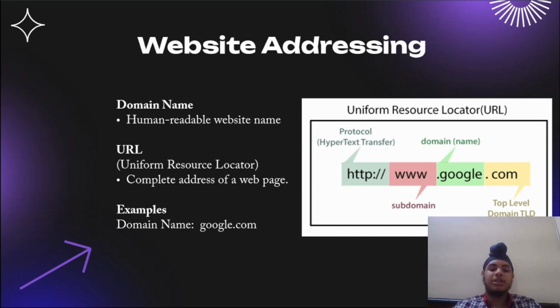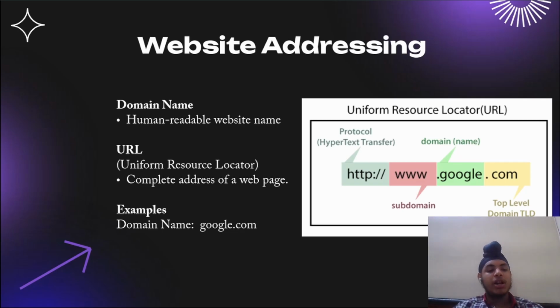Then we have the domain name and top level domain, TLD, that is .com. In this case, google is the domain name. What is a domain name? A domain name is a human readable website name. That is the website's name that we use to signify that it is that website.